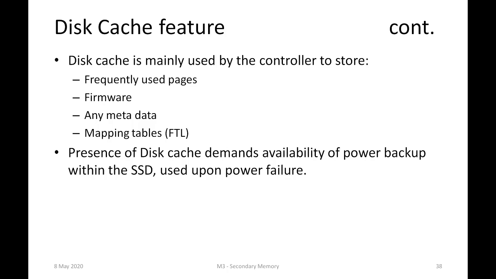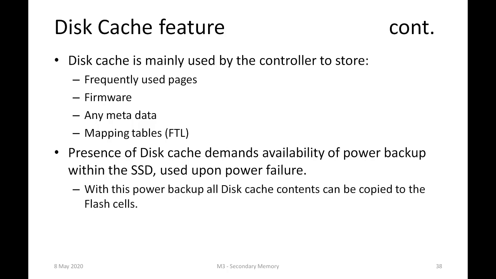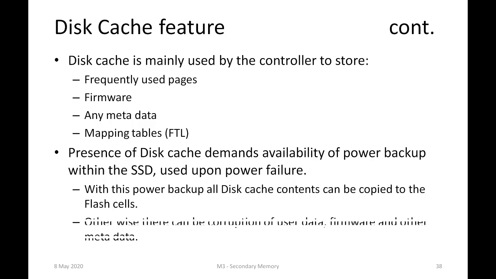The reason being, upon a power failure, all the disk cache contents need to be copied back to the flash cells if it is the user data or the OS data, and if there are any changes in any other metadata or the mapping tables or some variant of the firmware, it needs to write them back, which takes finite amount of time, and the SSD should be up and running during that finite amount of time for the entire copy process to happen.